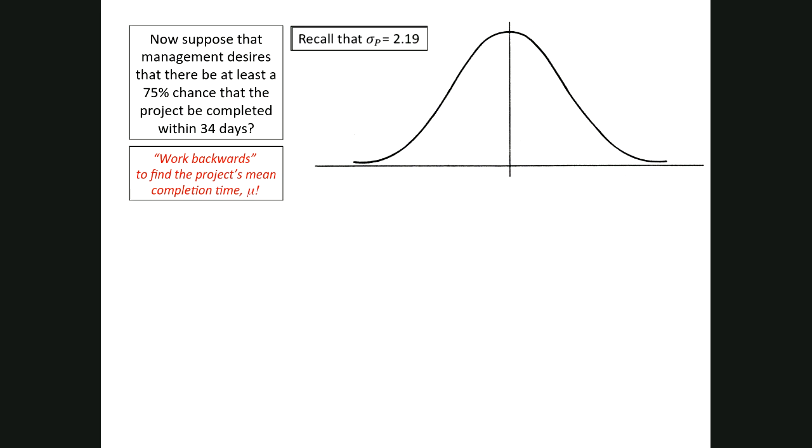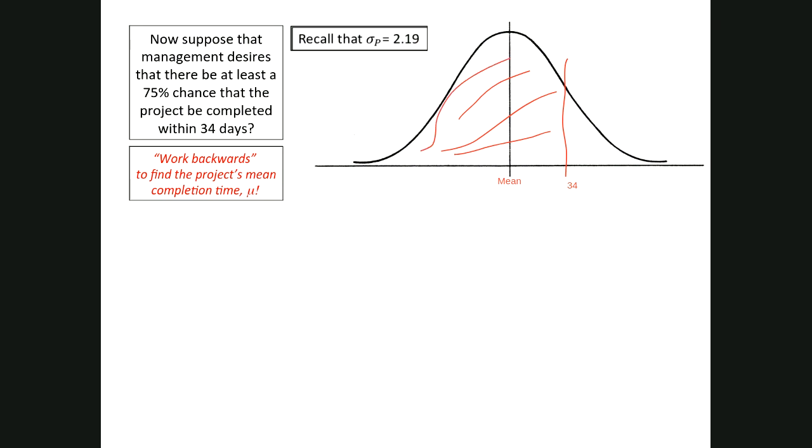So again, we're trying to find the mean, and we know again that that 34 is our x value, and we know that we want 75% to be to the left. And we know that z-value, and so we're working backwards to find the mean.